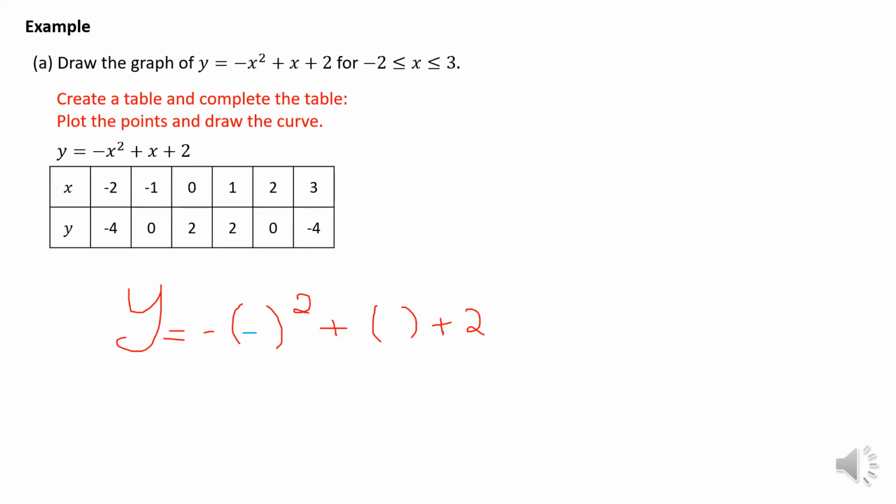When x is -2, you must plug in -2, as you can see, and then you're going to get an output of -4. With your calculator, you don't have to use the table function, you just take off these values and replace them with the next value of x that you're supposed to use.